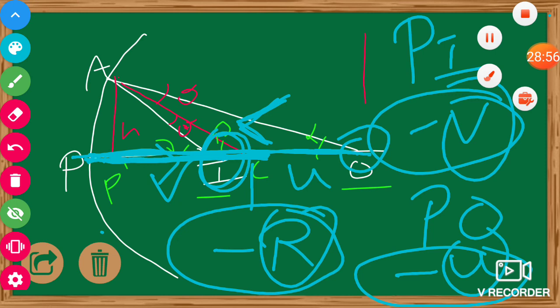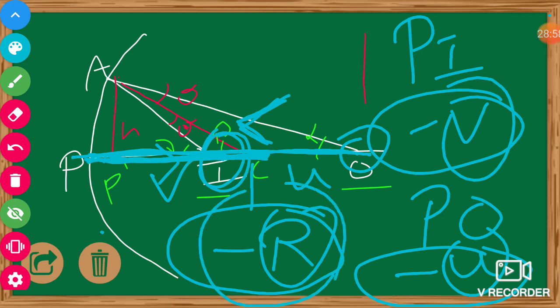So minus r is the distance of PC, PO is a distance of minus u, and PI is represented as minus v.